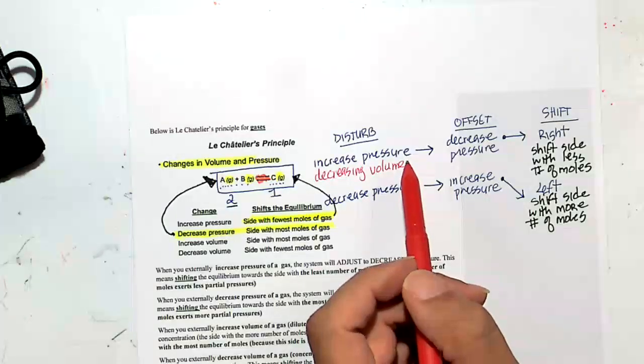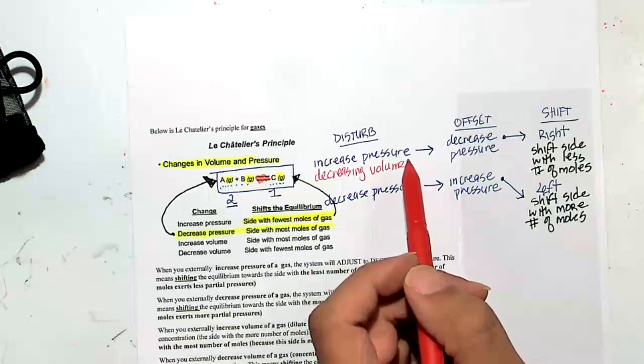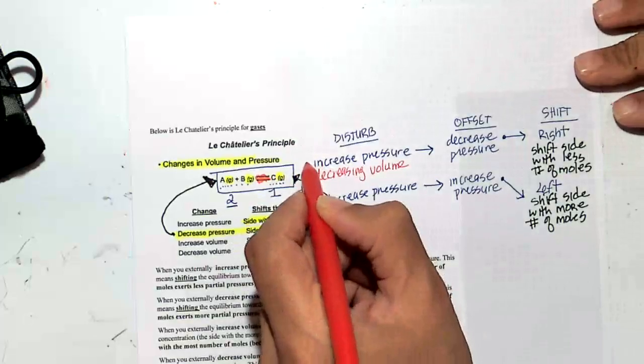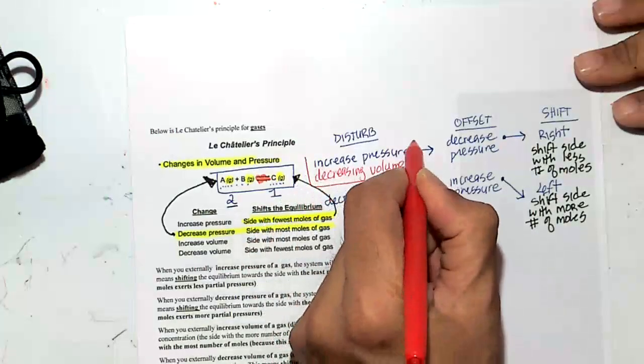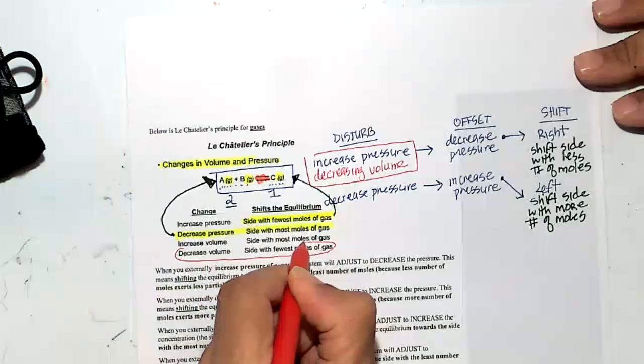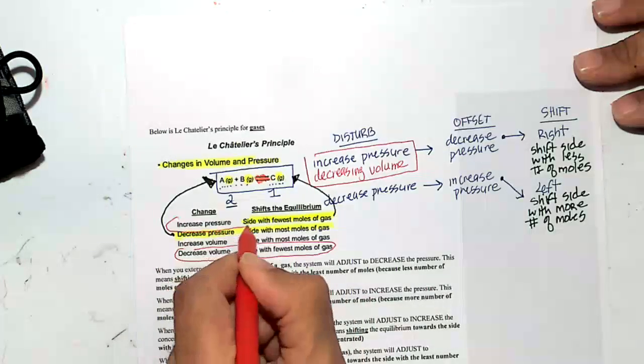I can do it by putting us, teaching you, in the closet, where the volume has considerably shrunk, where we're literally shoulder to shoulder. So decreasing volume and increasing pressure are the same thing.